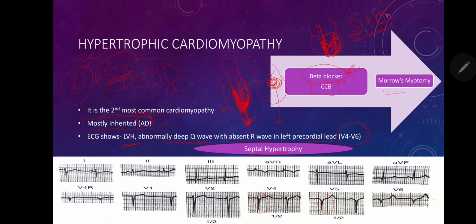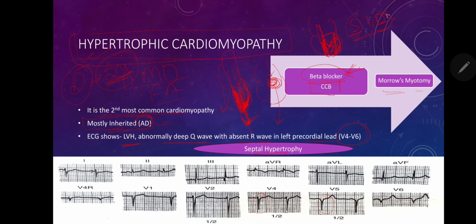Now, if we find any patient having hypertrophic cardiomyopathy, we have to do some basic investigation for their first generation brothers or siblings. As I said, it is most commonly inherited. So we have to look for siblings having asymptomatic hypertrophic cardiomyopathy.